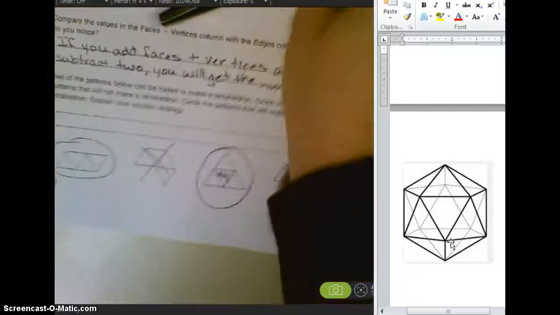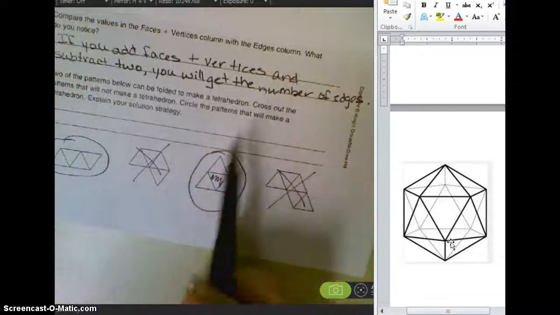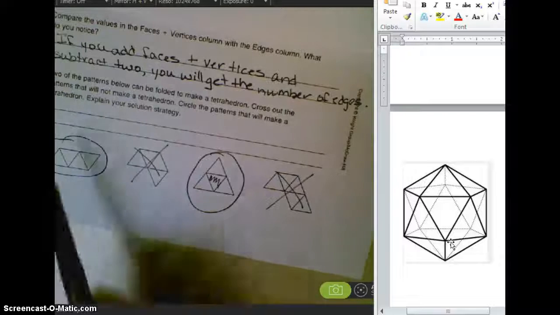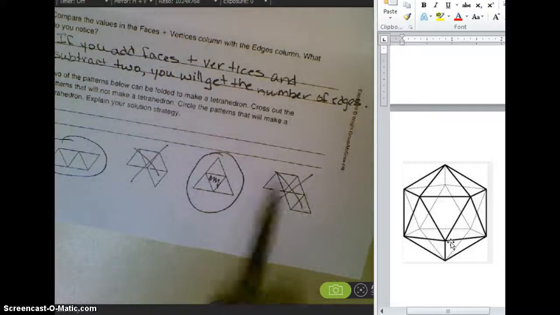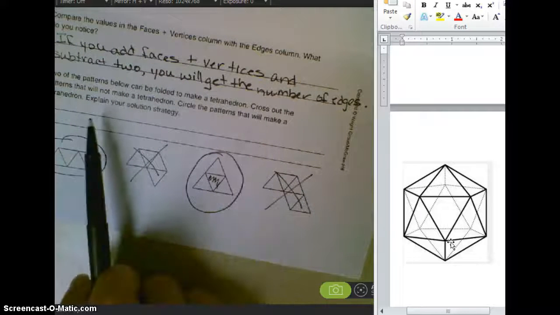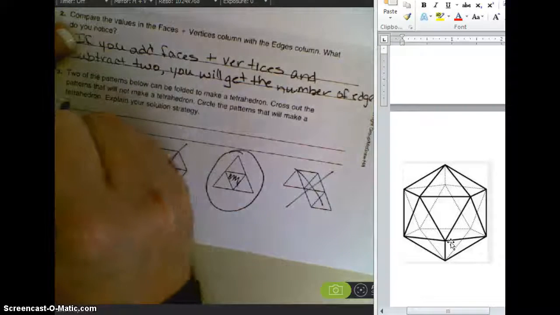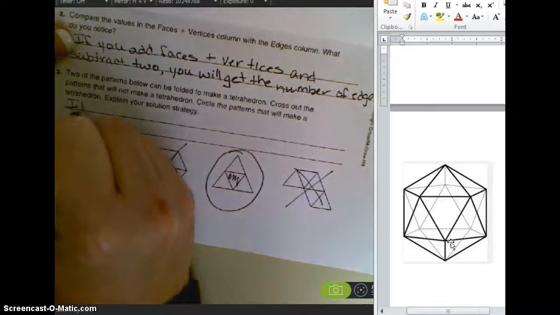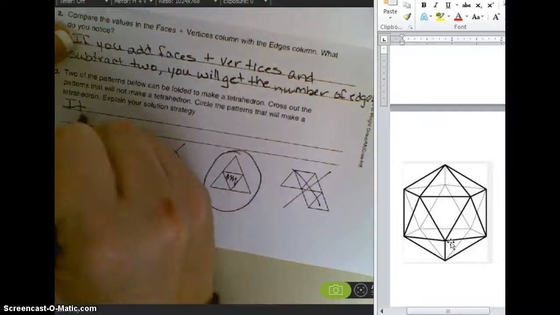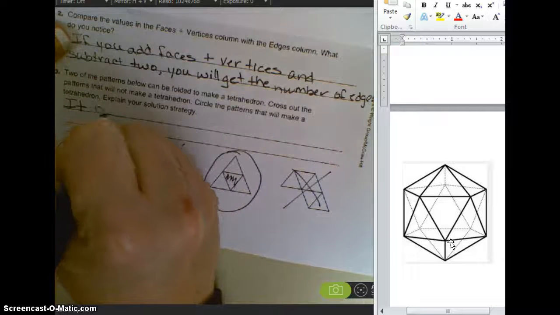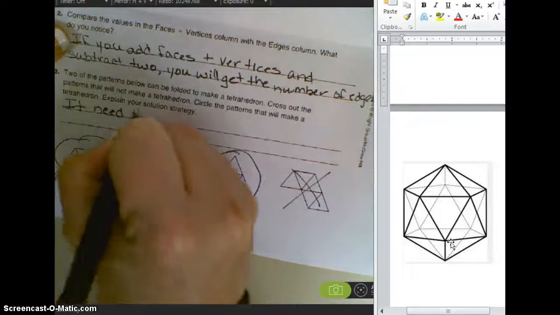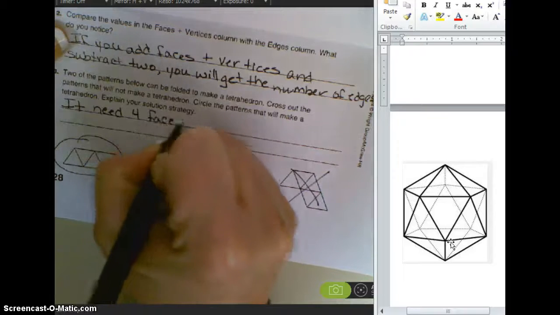Okay, 2 of the patterns below can be folded to make a tetrahedron. We found them. Cross out the patterns that would not make a tetrahedron, circle the patterns that will make it, and explain your solution. Well, we eliminated that one. It needed to have 4 faces, so that one is going to get eliminated.